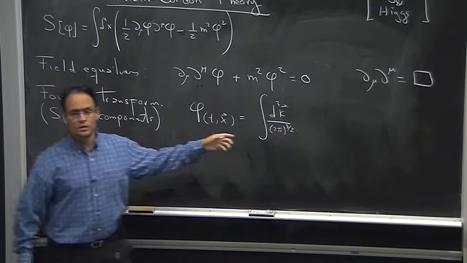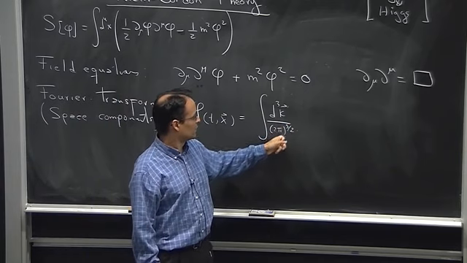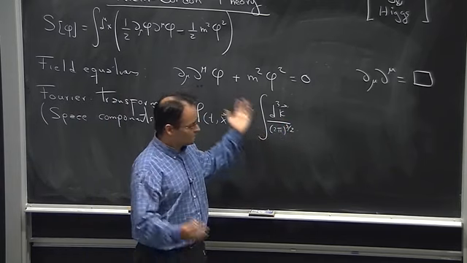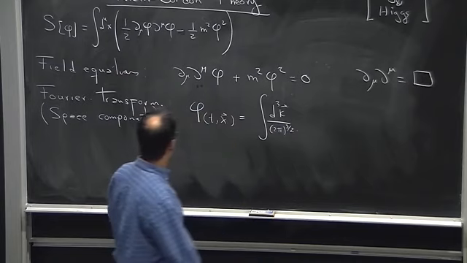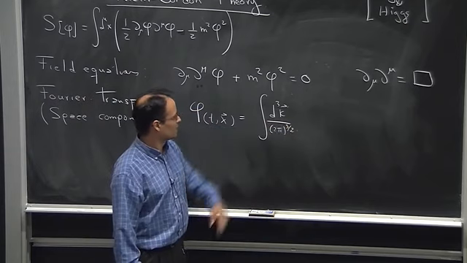There are several conventions for the Fourier transform. Some of them have a factor here, some of them don't. But in the end, they are just conventions. So I encourage you to go through perhaps one more convention where there is no factor here.